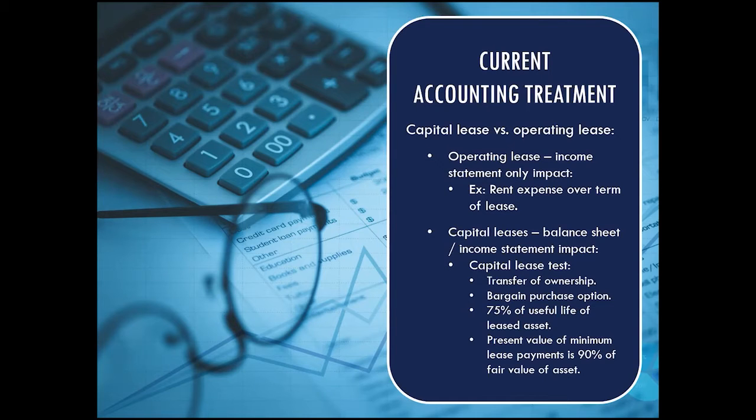Or if you've used up, in this case, 75% of the useful life of the asset, if you've used up most of the asset, that would be considered a capital lease. Or when you take the present value of the minimum lease payments, if it's at least 90% of the fair value of the asset, you've essentially paid for the fair value of the asset, you've bought the asset. So those would be capital lease considerations. Again, we're going to go over those because those have been modified. They still exist to some degree with some principles-based modifications in the new standard.